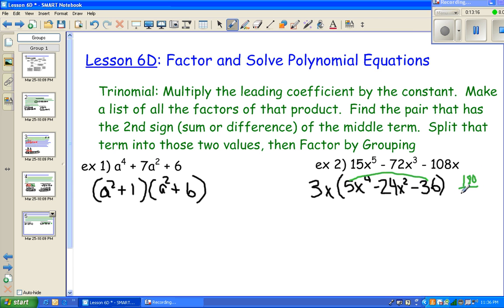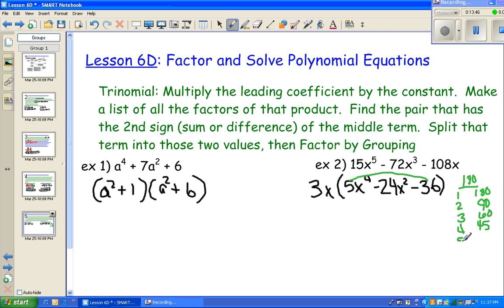Off to the side, we're going to be looking for the pair of numbers that subtract to give us 24. So 1 and 180. That's not going to work. 2 and 90. Nope. 3 and 60. That would give me 57, so no. Let's try 4 and 45.